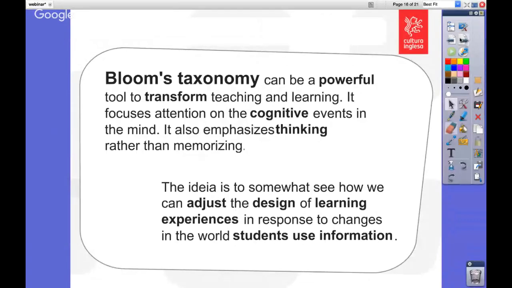So this is it. I believe using Bloom's taxonomy is the best way for us to enhance critical thinking in our lessons. It's the best way you can use. Using Bloom's taxonomy, I believe, encourages critical thinking and reasoning skills.